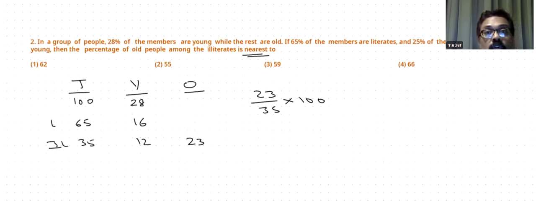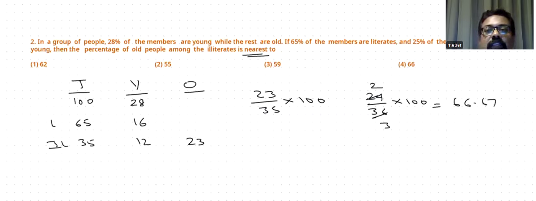No, just again the thing, observation. 23 divided by 35. Check it. 23 by 35 can be written as 24 by 36 into 100. We have increased the numerator and denominator by the same number, 1. Now it is coming as 2 by 3. It is coming as 66.67.